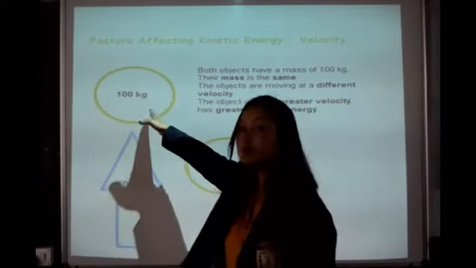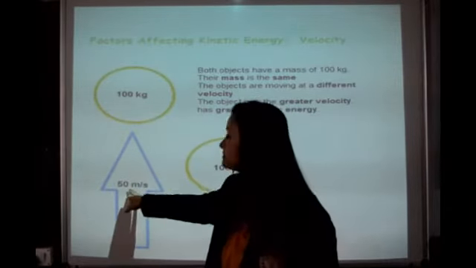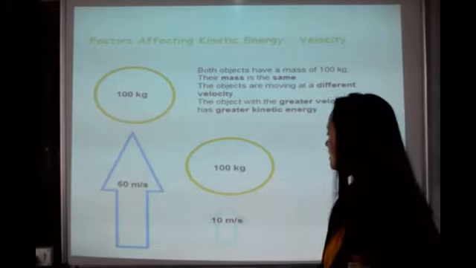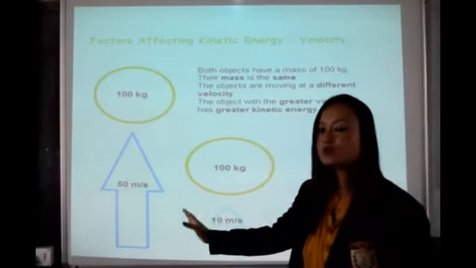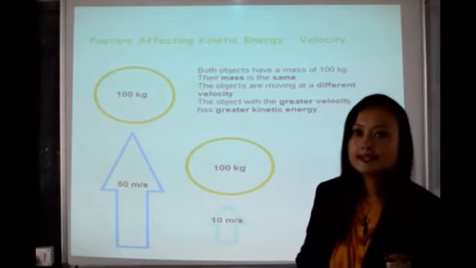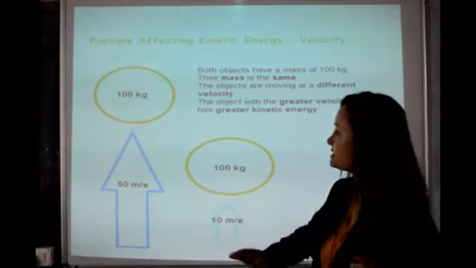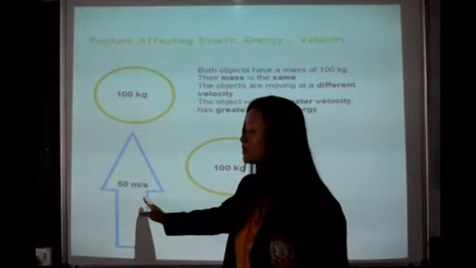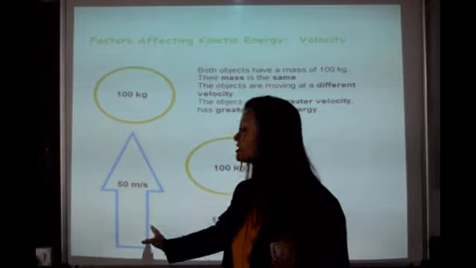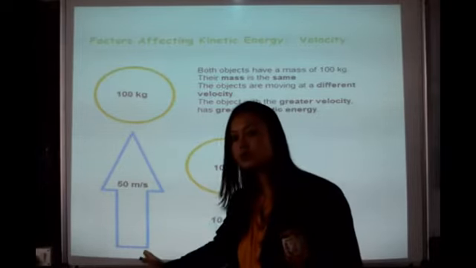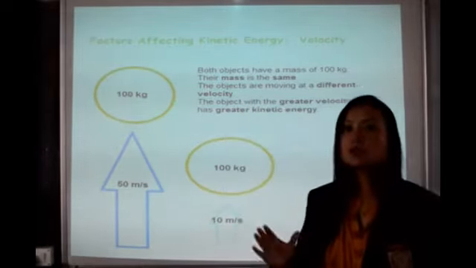If one object is moving with the speed of 50 meter per second and the other object is moving with the speed of 10 meter per second, which one will have more kinetic energy? Obviously, it is the object moving with the speed of 50 meter per second, because the velocity is more here. If the velocity is more, kinetic energy will also be more.